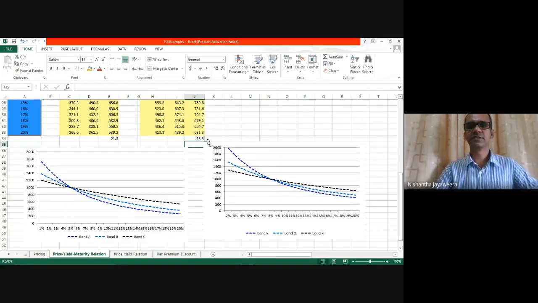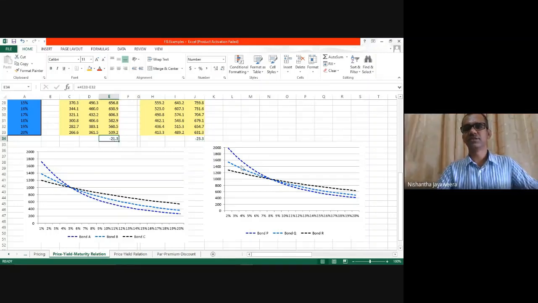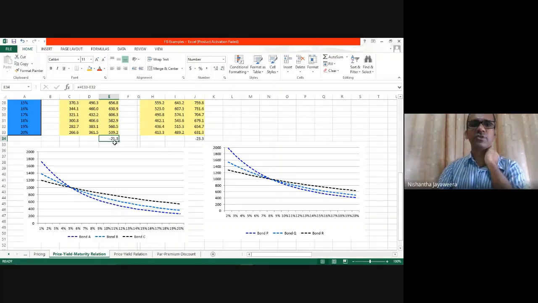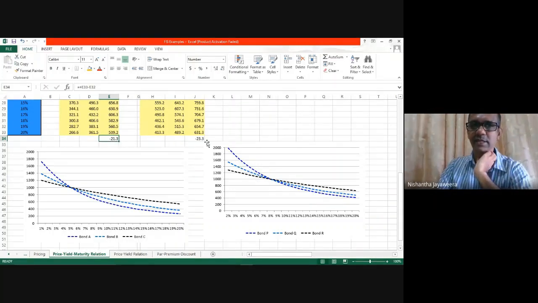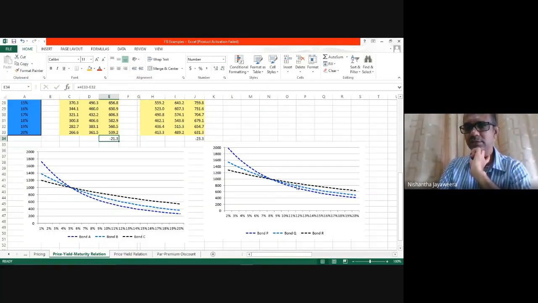Here the difference is high, here the difference is low, because in absolute terms it is like this, but as a percentage this has a lower rate of return.